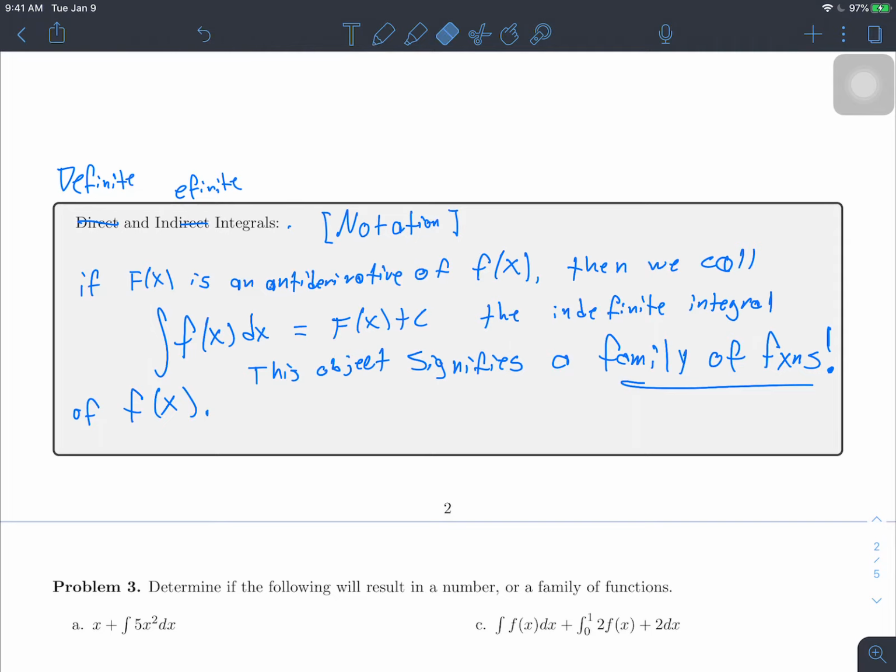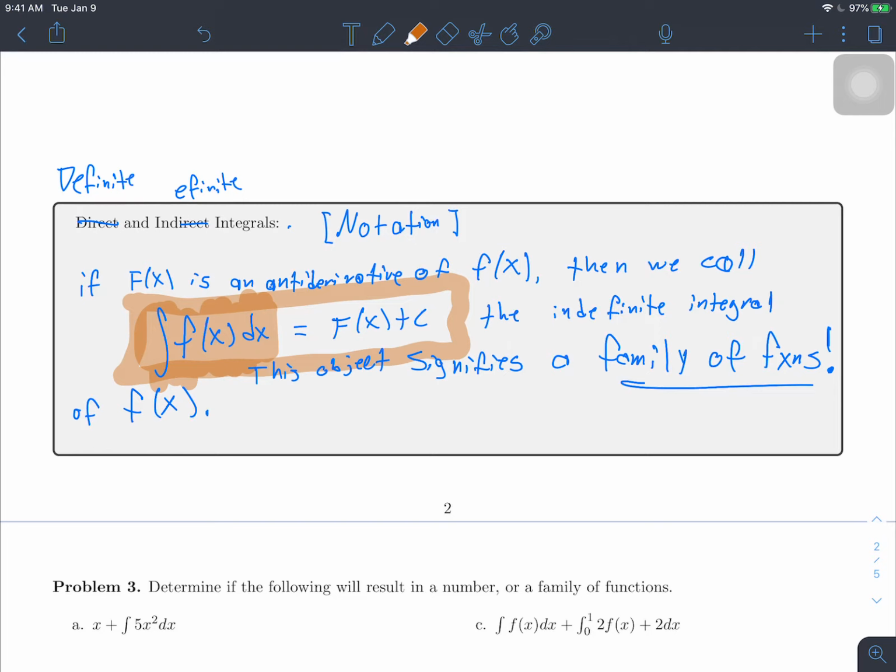Okay, so let's break down what I'm talking about here. When I write this integral sign thing, specifically this thing on the left, what I'm referring to is all functions for which their derivative is f of x.